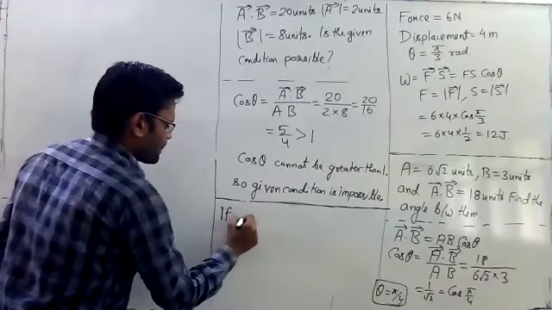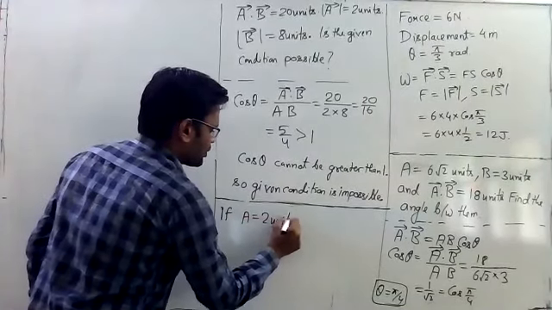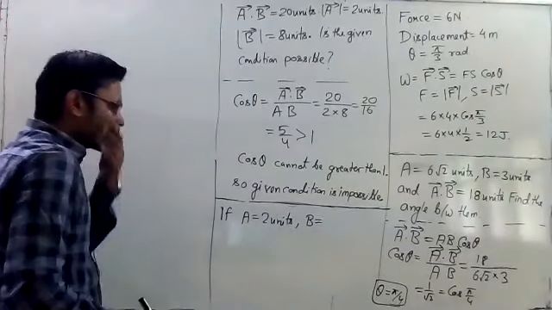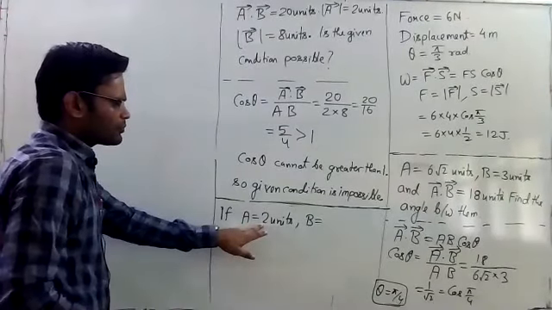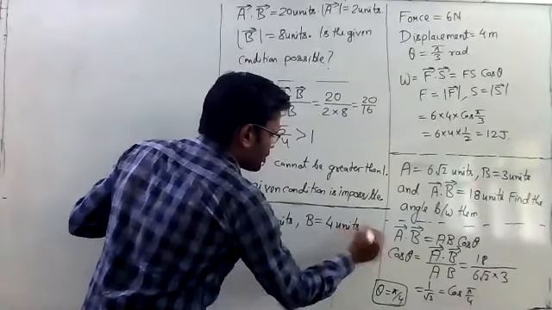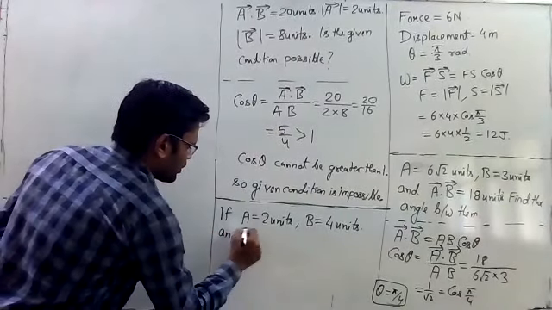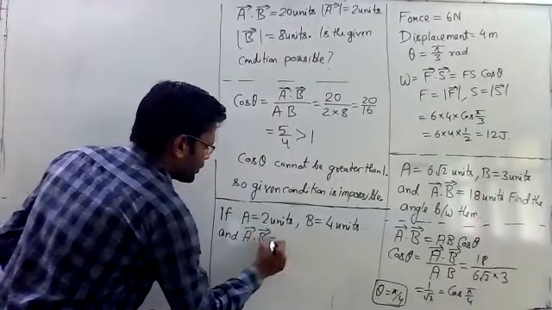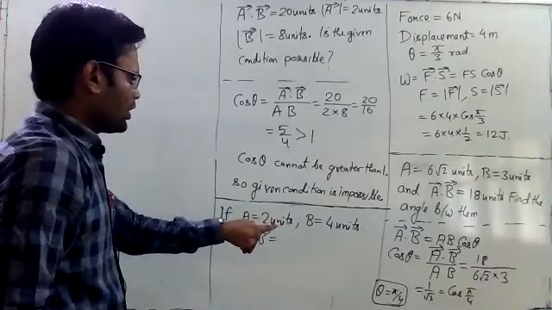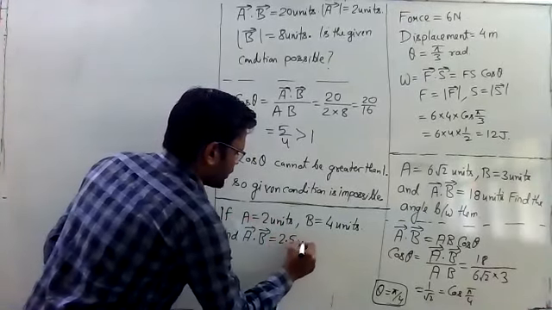If A is equal to 2 units, B is equal to, say, 4 units, and A dot B is equal to 2.5 units.